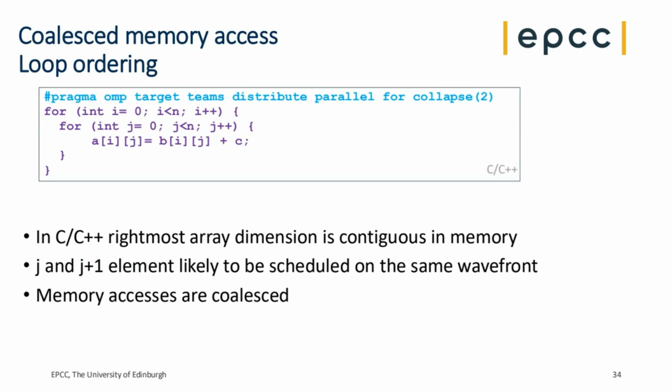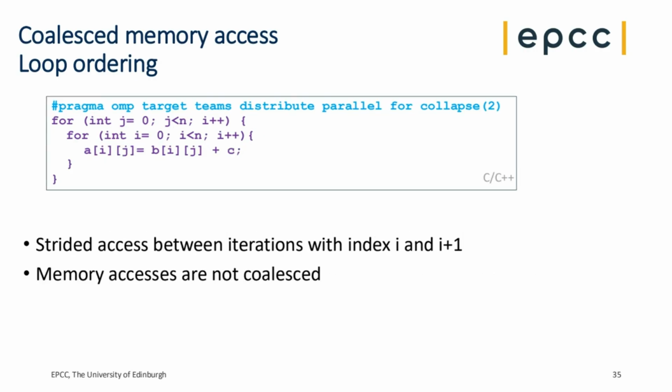If you did it the other way around, so for this C example, this is showing that because J is on the inner loop, and we're iterating over J, which is the rightmost index, this should be okay. It will likely be scheduled on the same wavefront. But if we did it the other way around, we'd have strided access between iterations of index I and I+1, so this would work less efficiently.